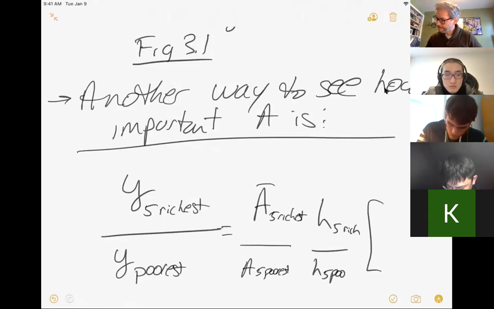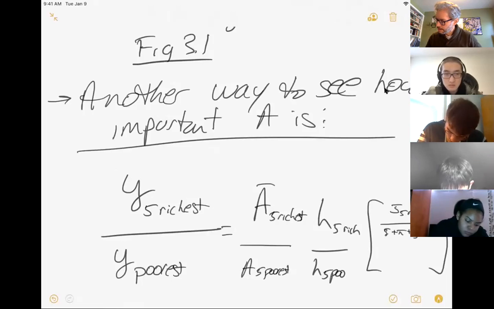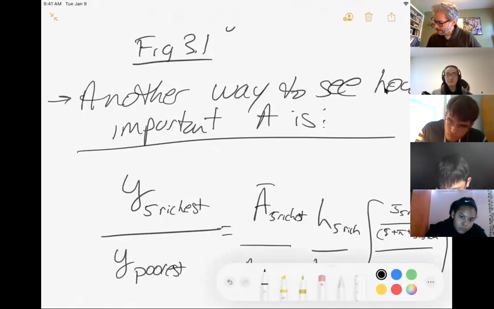Shoot, I didn't leave a lot of space here. I can squeeze this all in.